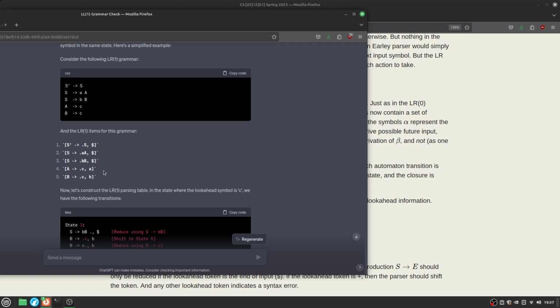This is ChatGPT. I have no idea if it's correct, but can C occur in the input stream?